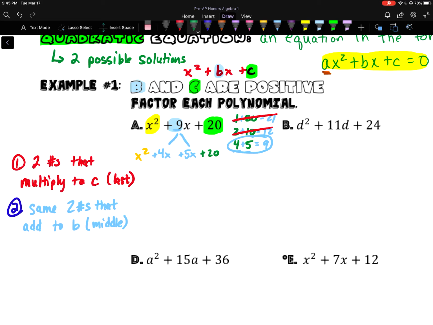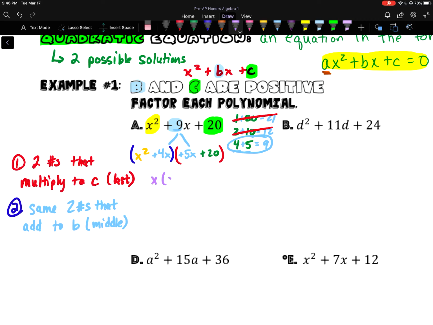Now the reason why I did it this way is because in our last lesson we did factor by grouping. And so if I group my first two terms and I group my last two terms, I am searching for the GCF. So the GCF between x squared and 4x is going to be x.